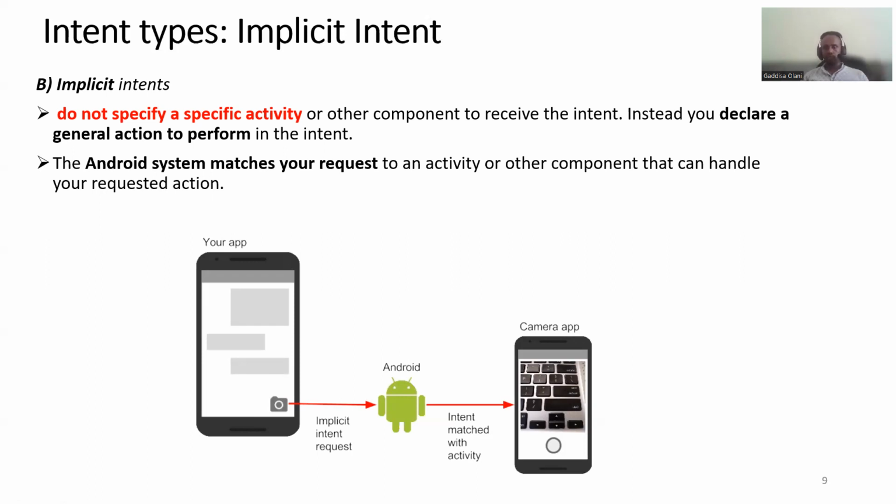So in this case, we just tell the Android runtime implicitly that we want to take a picture. That's quite enough. The Android runtime will figure out which application is suitable for you, and then it will embed that. Okay. So that's the core concept behind implicit intent.